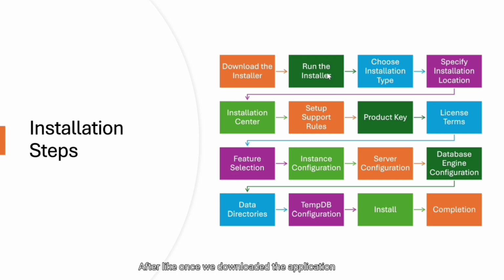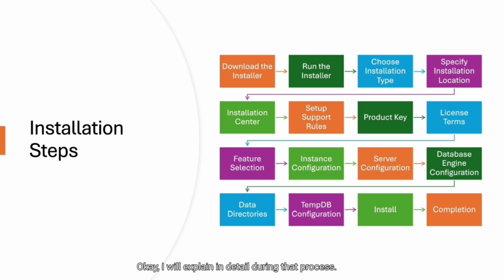Once we have downloaded the application from the browser, we need to run that. After running that, we have to choose the installation type. Basically we have three installation types: basic, custom, and download media.